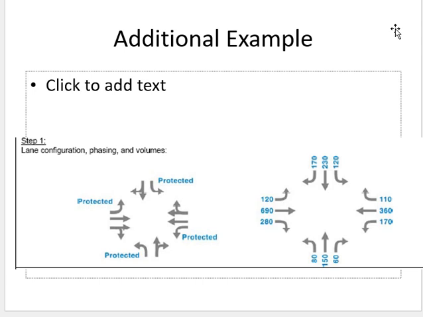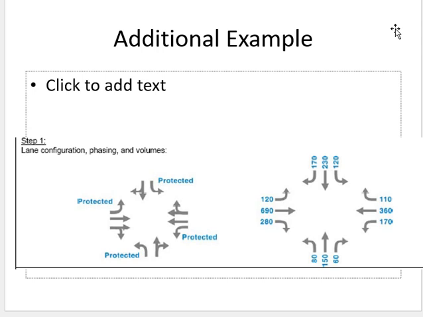How many lanes do we have here? 3. One for left turning, one for straight and right. Same things here as well. How many lanes here? 2. One for left, one for straight and right.